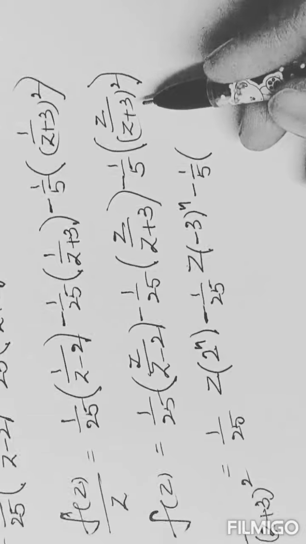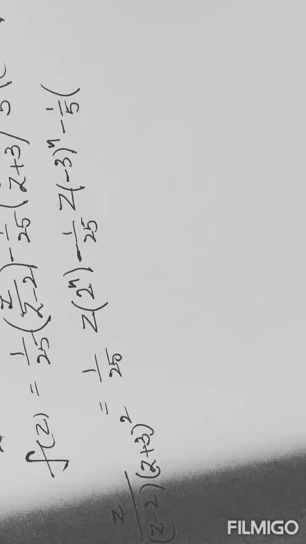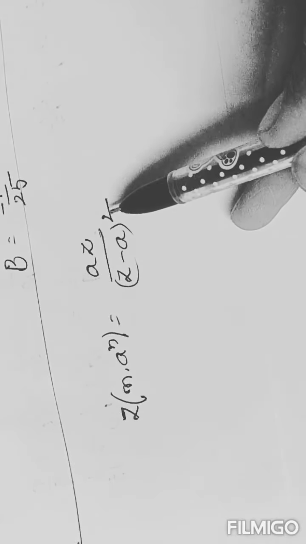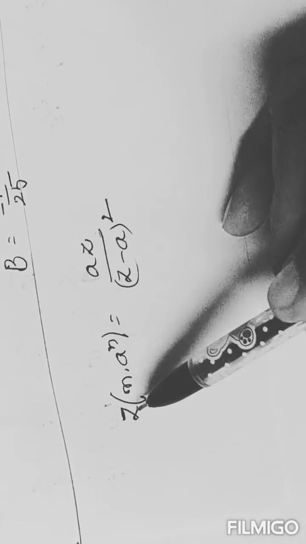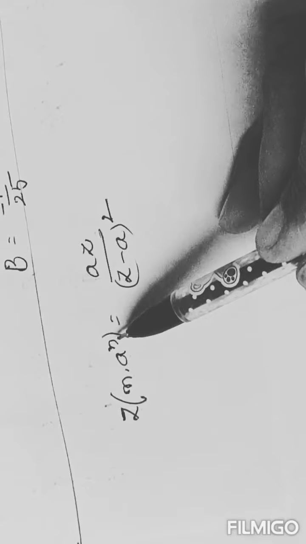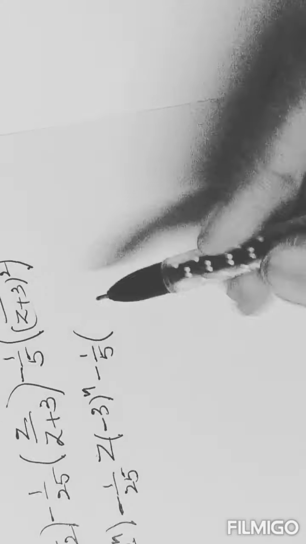But here there is a square, so as per the standard formula, a z by (z minus a) whole square equals the Z transform of n into a power n. The present term is similar to that one.